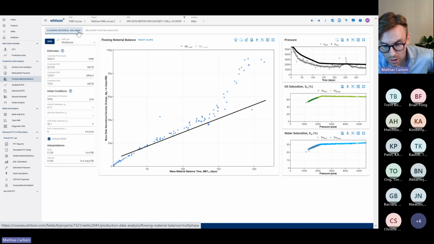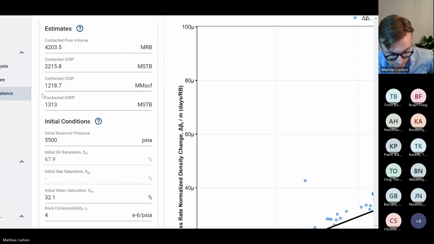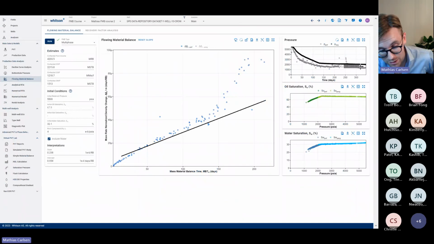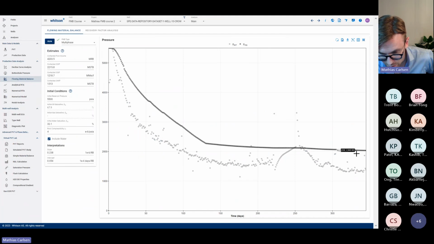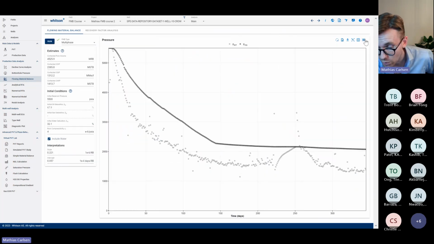There we go. Once we're happy with that, we have our contacted pore volume. Mine is at least 2.2. Maybe if I want to honor that buildup, if we think that's a real buildup, I can be even more generous. So let's even take it further down. That's only if we think it's a solid buildup, but we trust the data, of course. And then that would be by definition my lowest estimate of the contacted pore volume.